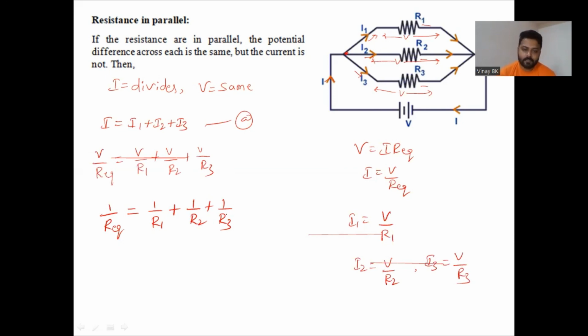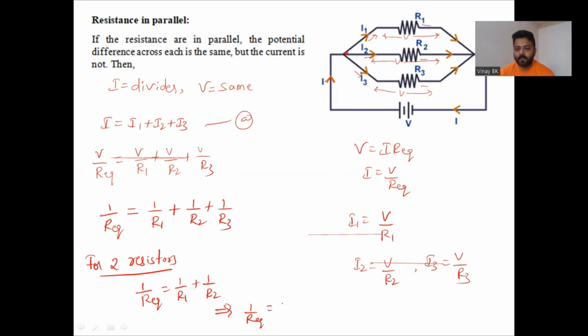Suppose you are connecting 2 resistors in parallel, so for 2 resistors, how will we write? 1 by R equivalent equals 1 by R1 plus 1 by R2. Let's take the LCM. So by taking the LCM, what do you get? 1 by R equivalent equals R1 plus R2 divided by R1 into R2.